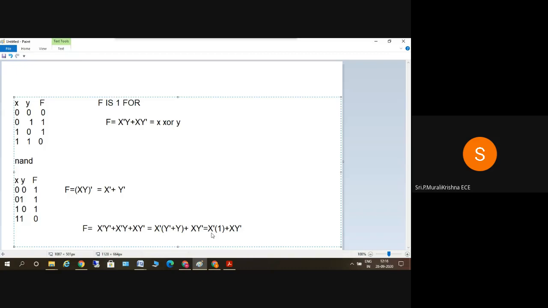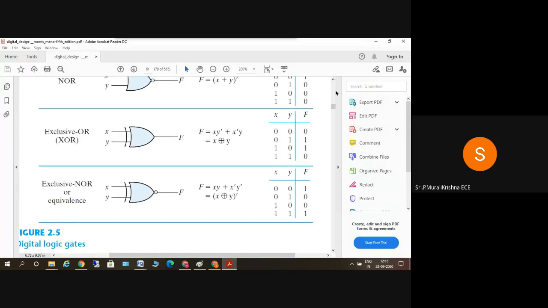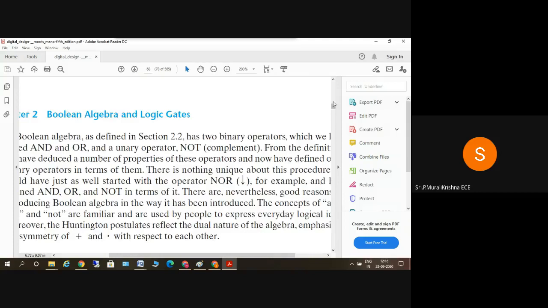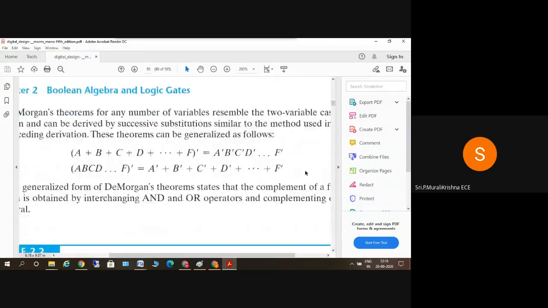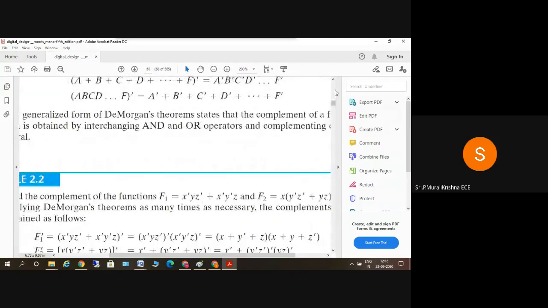So we get X bar plus X Y bar, and we have a theorem there, called the absorption theorem. Okay, I think I noted that. Wait a minute, I'll show you.